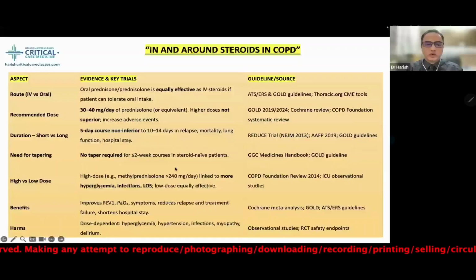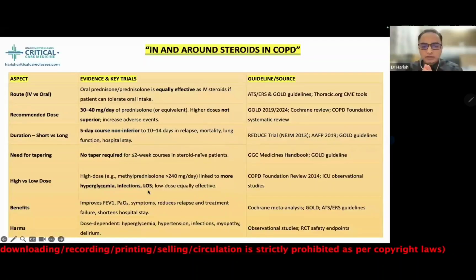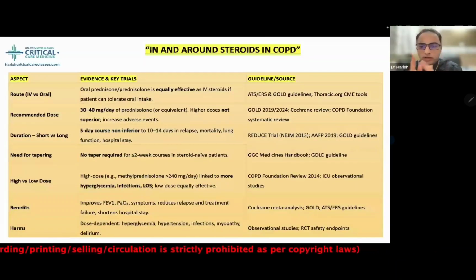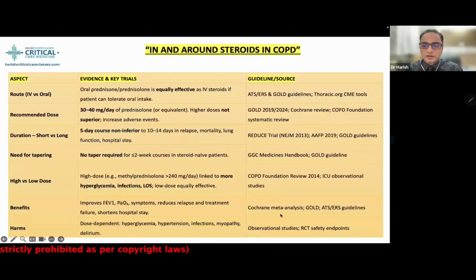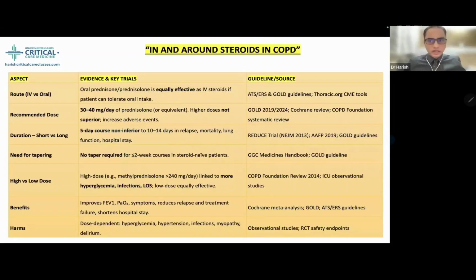Again, high dose definitely leads to more chance of hyperglycemia, infection, increased length of stay. So low dose is equally effective. Even in the Cochrane meta-analysis, American Thoracic Society and European Respiratory Society guidelines, everywhere suggest benefit in terms of improvement in FEV1, PaO2, symptoms, reduced relapse rate, reduced treatment failure, and shortened hospital stay.